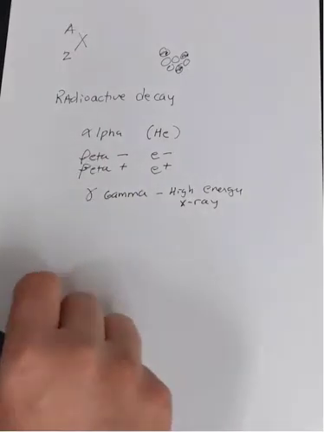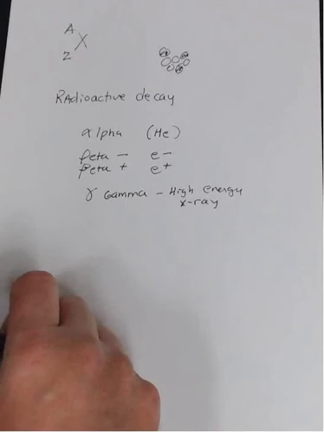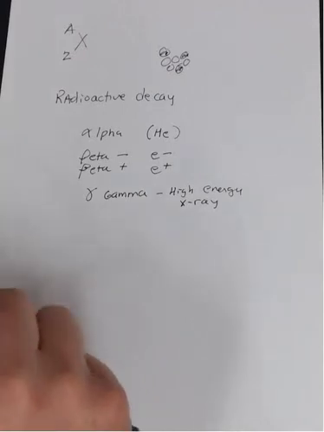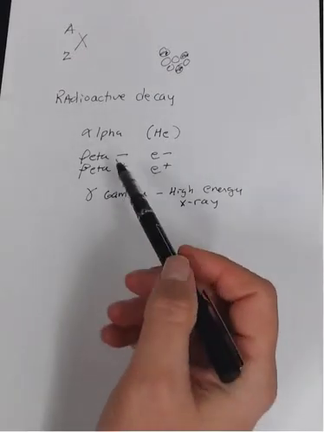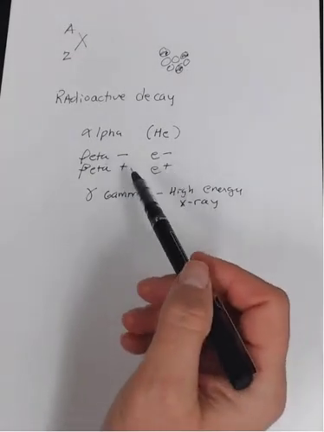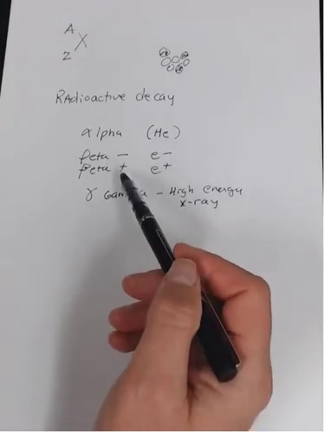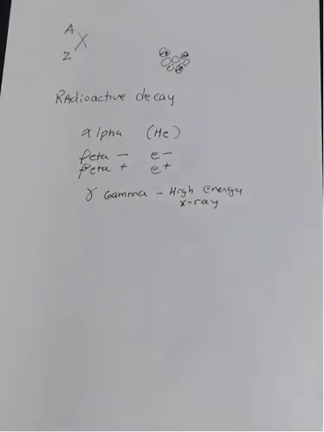Alpha particles can be stopped even by a thin piece of paper, or even a fairly thin sheet of mica. So gamma ray is hard to stop. Beta, electrons, positrons, a lot easier to stop. Alpha particles, very easy to stop. Okay.